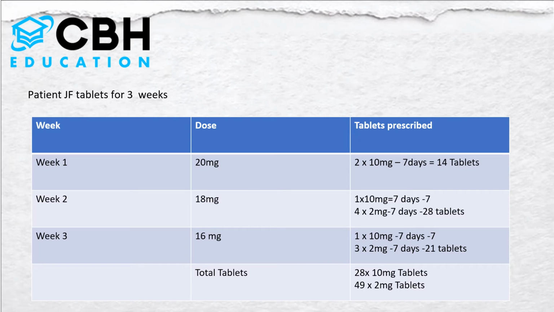Week 3, 16 milligrams, a split between 10 milligram and 2 milligram. And then obviously you work out your respective quantities. So over a 3-week period, 28 10 milligram tablets, and you have 49 2 milligram tablets. Okay, and post-dated prescriptions with that as well.